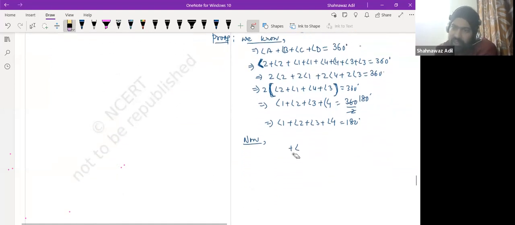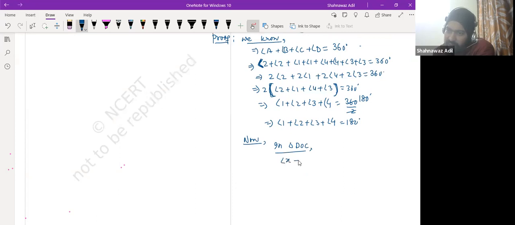In triangle D, what do we have? Angle x plus angle 3 plus angle 2, that is 180. Similarly, let's write it as 2. This is 1.